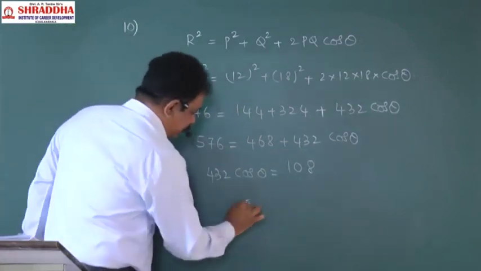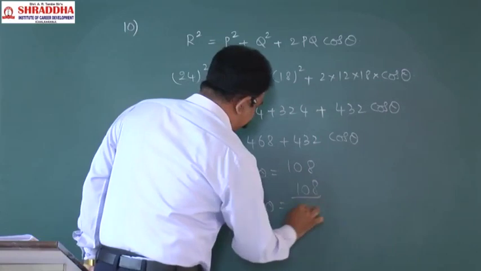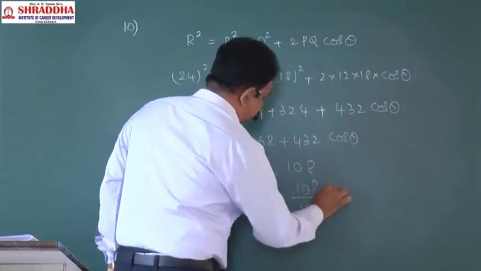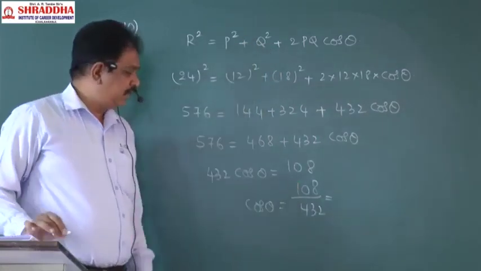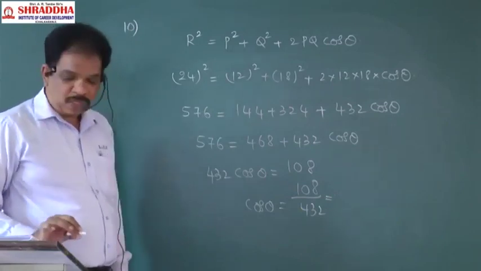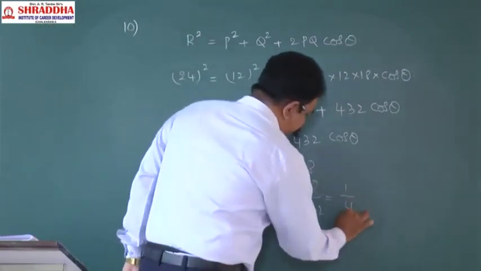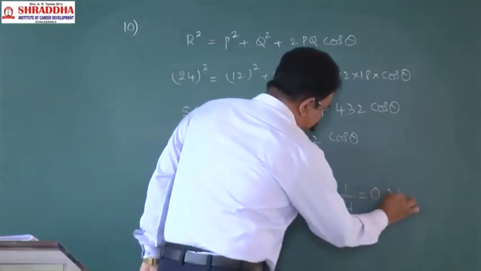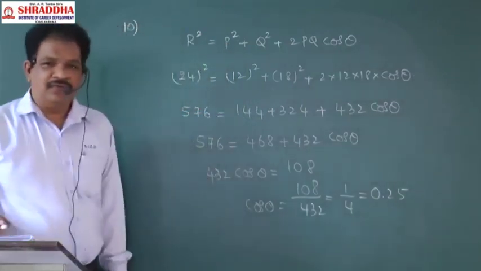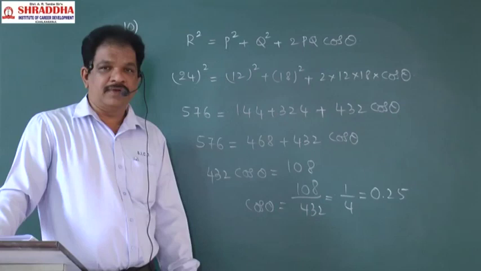Cos theta is equal to 108 by 432. 108 4 times will cancel. This is 1 by 4. This is 0.25. Cos theta is equal to 0.25.